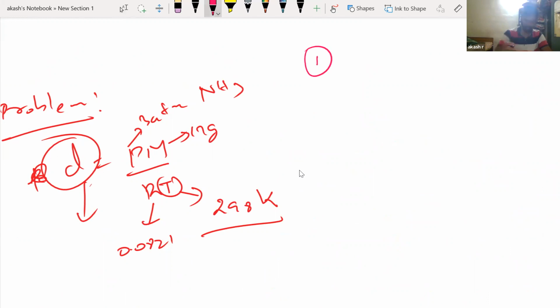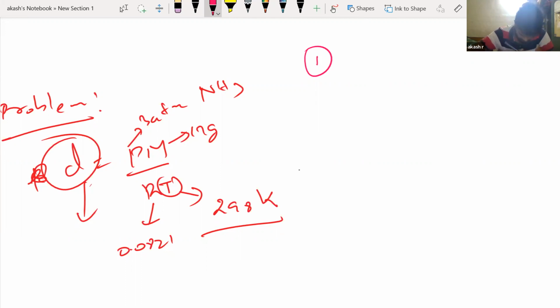Okay. So problem number 1. Please take note. If 500 ml of a gas is compressed by increasing its pressure by 10%, find the final volume.